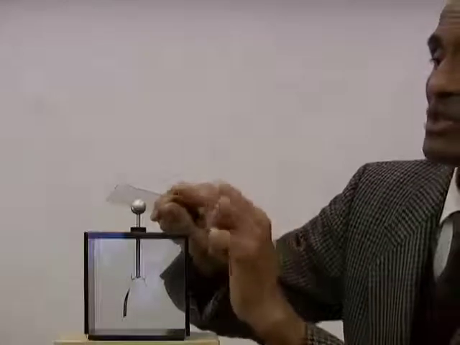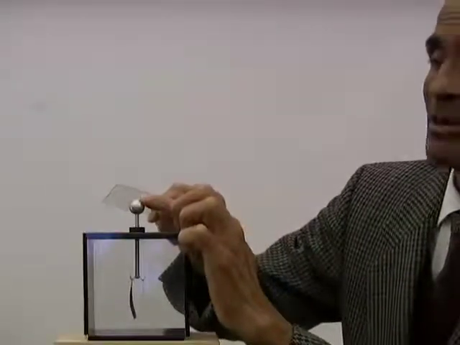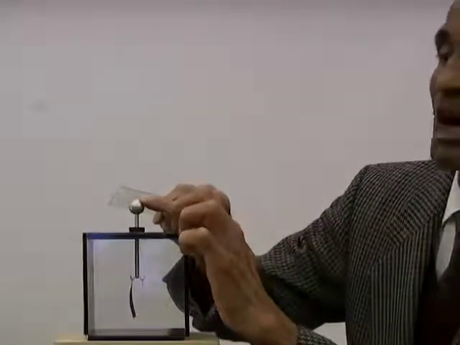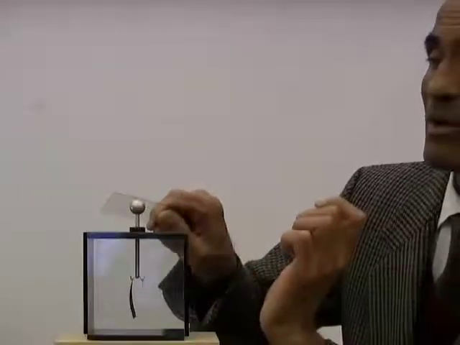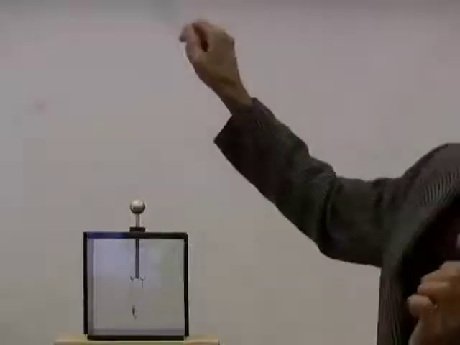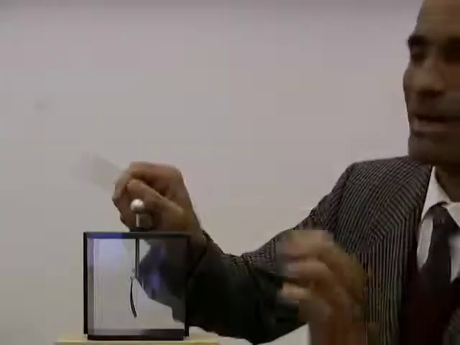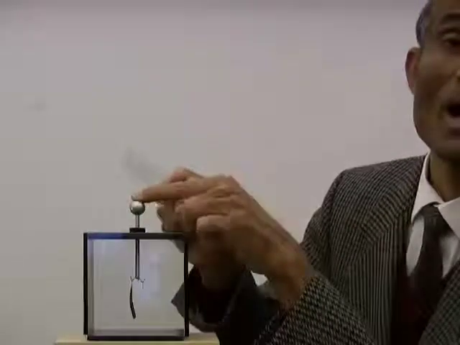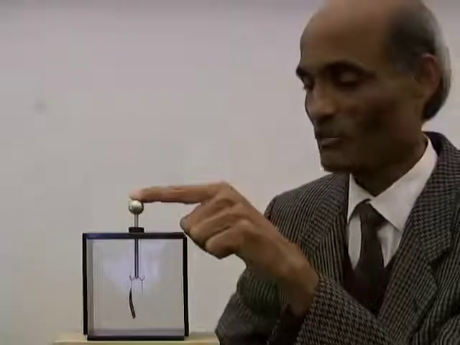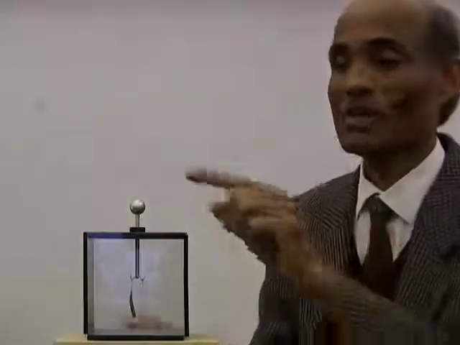Now what happens when I ground it? Now keeping the charged object there, I ground it. That means all those positive charges in the leaves have gone to the ground. Now remove the grounding and remove the charged object. Well, apparently I grounded it again, but the electroscope now has some excess negative charge. Now this is the process of charging by induction.